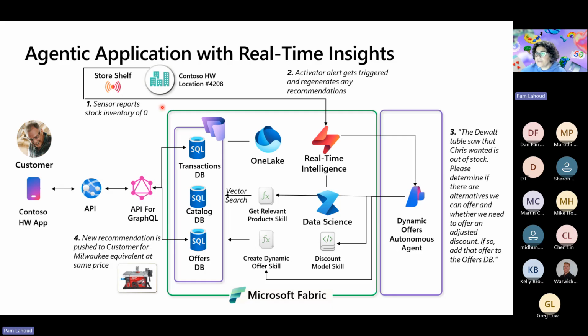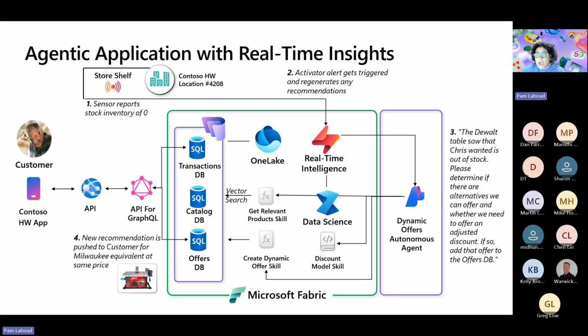Okay. All right. So here I'm imagining, remember I said the power of SQL database in Fabric is that it's integrated with everything else. There's a lot of really cool stuff you can do with Fabric. So here I'm going to imagine an agentic application with real-time insights. We're going to combine databases with RTI, remember that event house thing, real-time processing, with OpenAI, AI Foundry, along with some of the extra things we have in Fabric, like functions, to build a full agentic app, mainly with just Fabric.